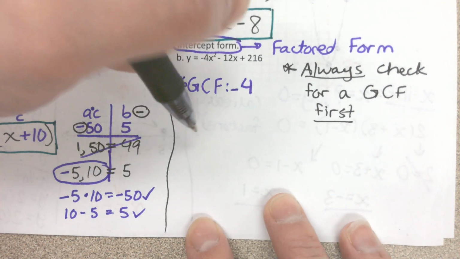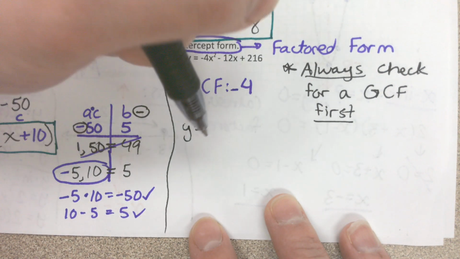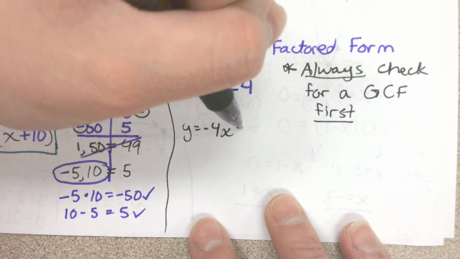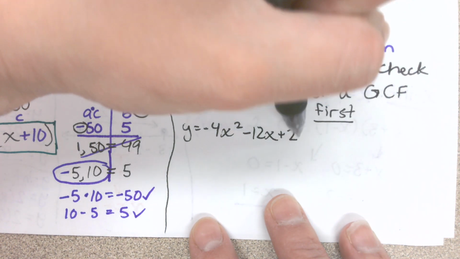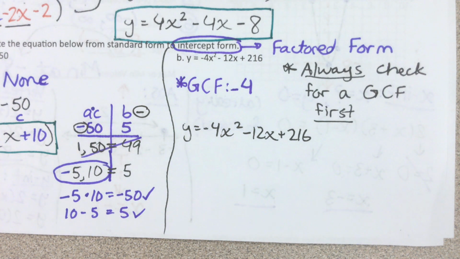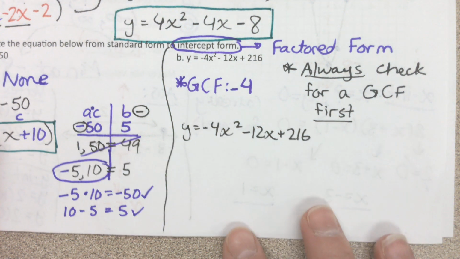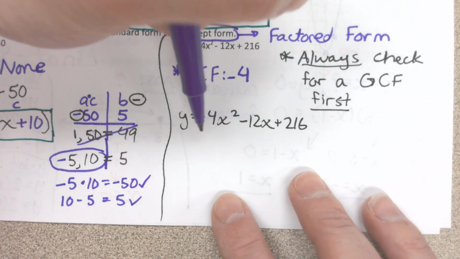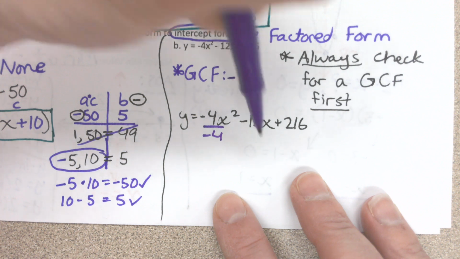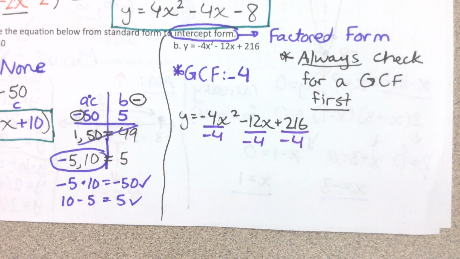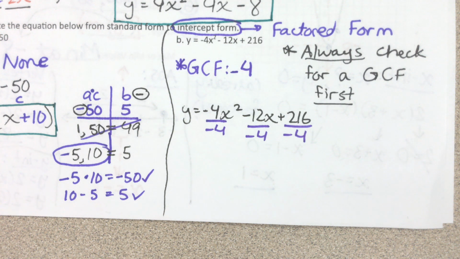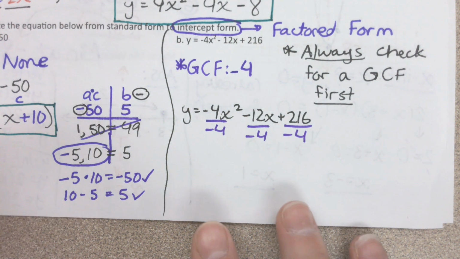Let's do that. Y equals negative 4x squared minus 12x plus 216. Let's pull out the GCF. We're going to divide everything by negative 4. Reminder, we don't divide and disappear.